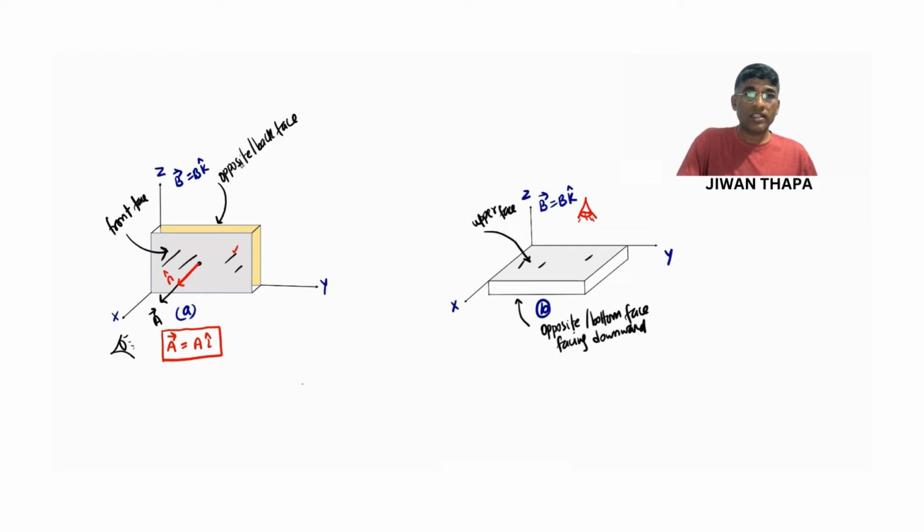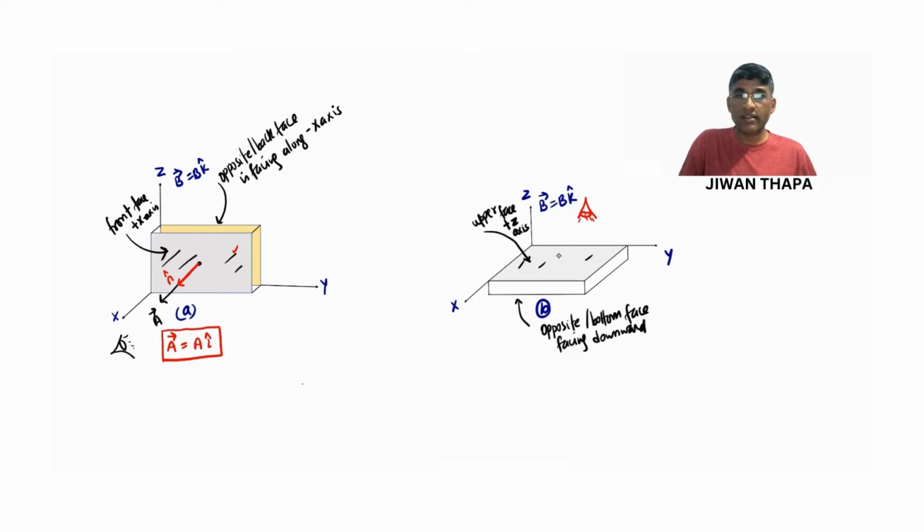Clear? So in this case, the opposite or back face is facing along negative x-axis. So we need to understand this. And we have the front face facing along positive x-axis. So this is to be noted. And we can see the upper face is facing along positive z-axis.